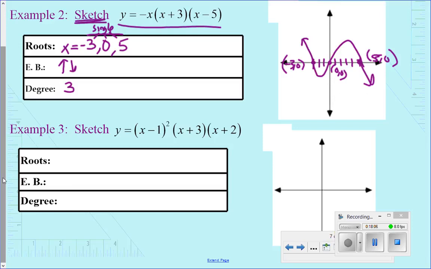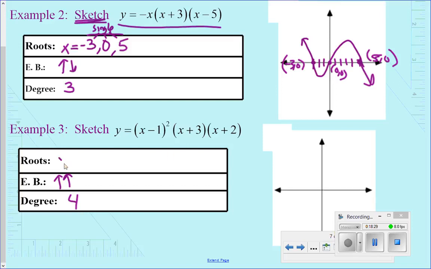So next one, copy that equation into your notebook. We'll start with the degree. So I can see degree is 4. 4's equal or even, so equal. So either up, up, or down, down. I don't see a negative in the front, which tells me positive orientation, which tells me up, up. The roots, I'm going to go in order from left to right.